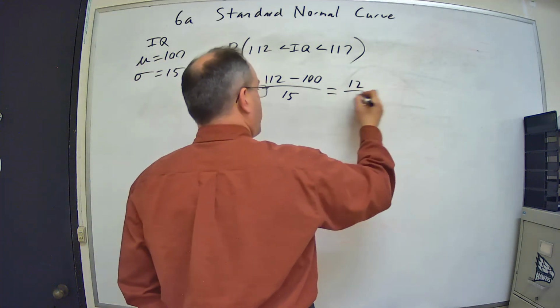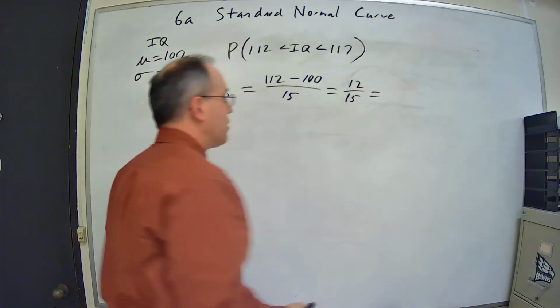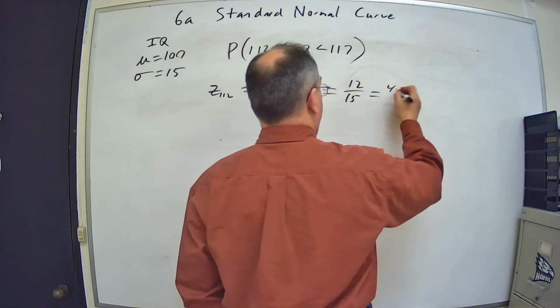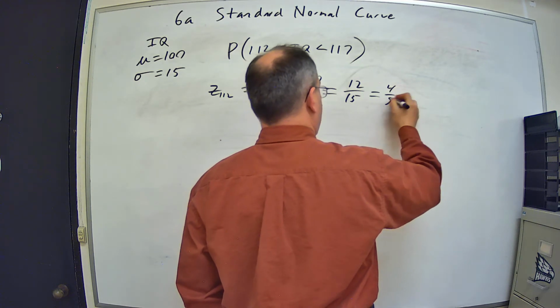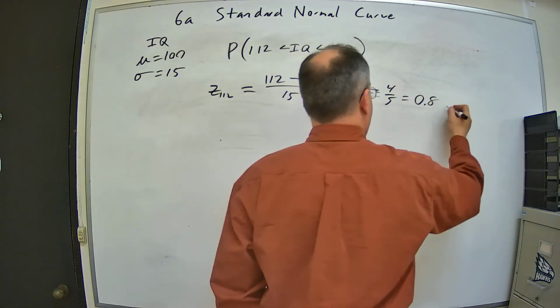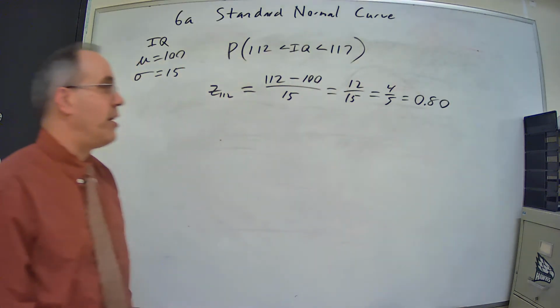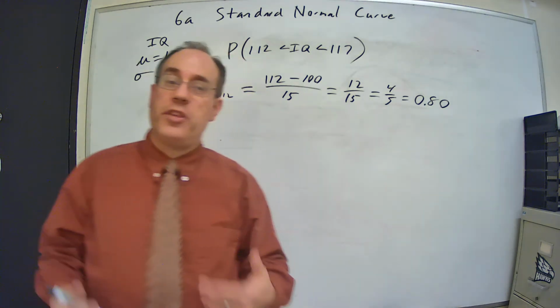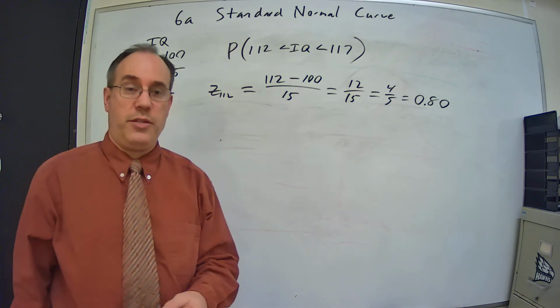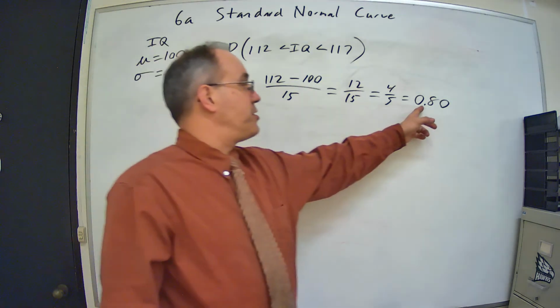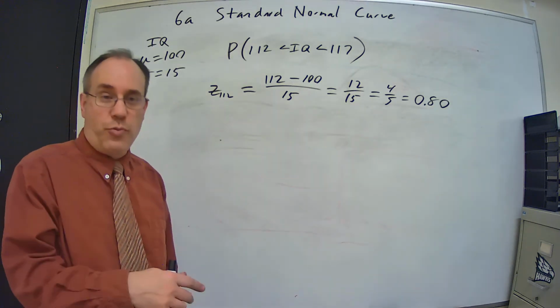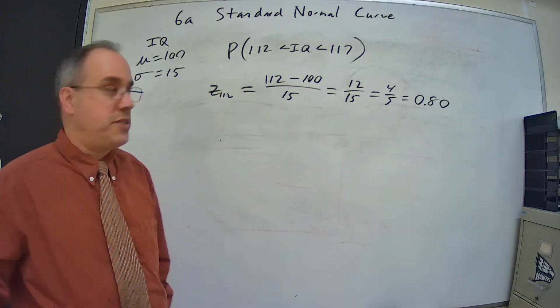That's 12 divided by 15, which reduces to 4/5, or 0.8, and I'm going to put this extra 0 in there. Now you may wonder, why did I put that extra 0 in there? Remember, the table deals with 2 decimal places. So I want 0.80, I want 2 decimal places. Even if it only came out to 1, let's give it 2, because that's what the table is going to look for.